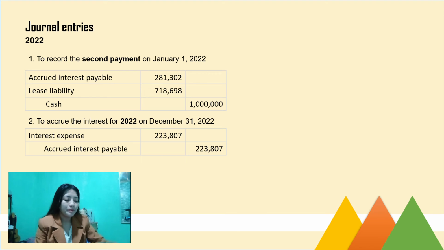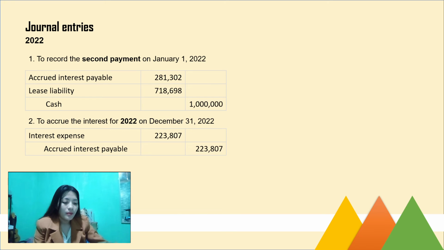So mula noong January 1, 2022, ang present value na lang ng underlying asset natin ay 2,797,582 since nabawasan na natin ng lease liability na 718,698.